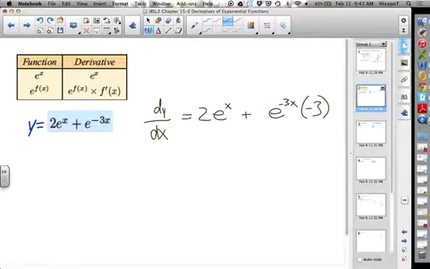Negative 3, good. Okay, so our derivative would be 2e to the x minus 3e to the negative 3x. And that's it.